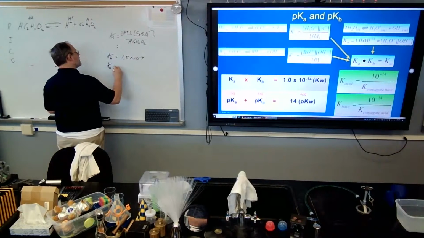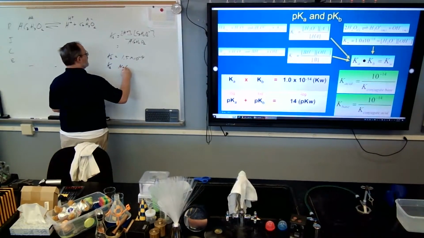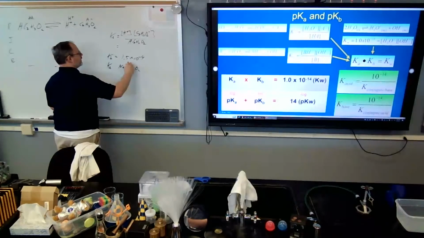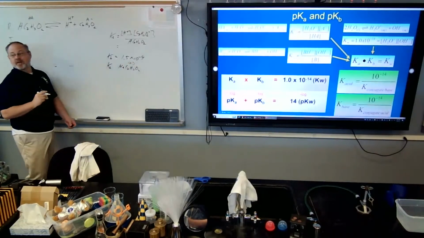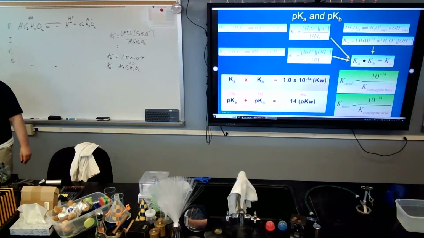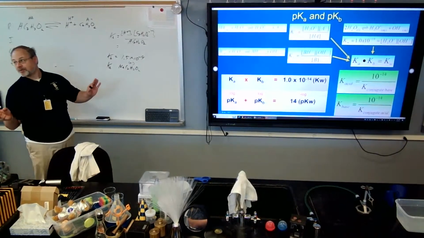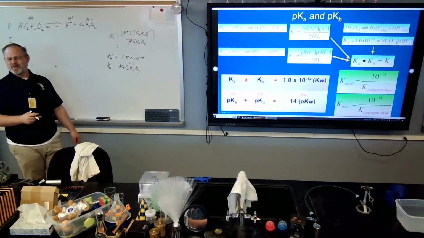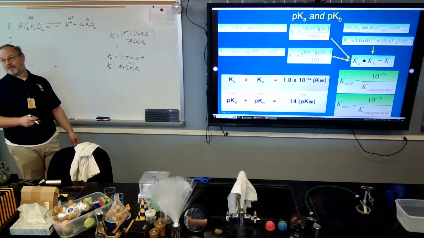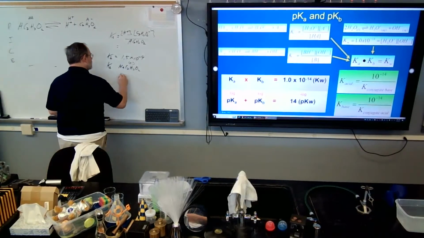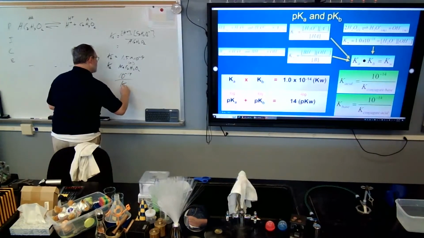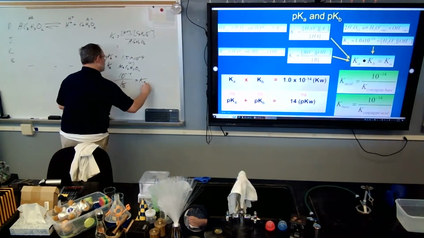It's going to say the Kb of NaC2H3O2, because basically it's this salt, the conjugate, though they won't say it's a conjugate base. They're going to say the Kb of this salt is this, and you're like, why are they giving me a Kb when I need a Ka? Aha! I just take my 10 to the negative 14, divide by the Kb, and I have my Ka.